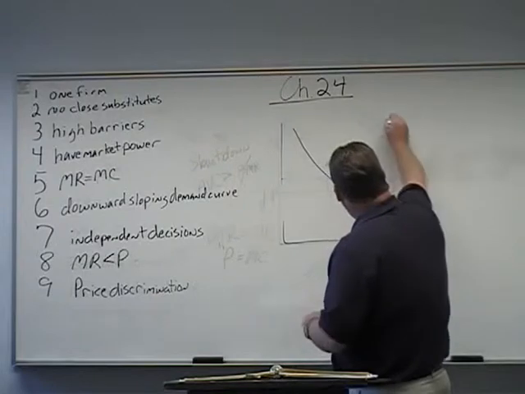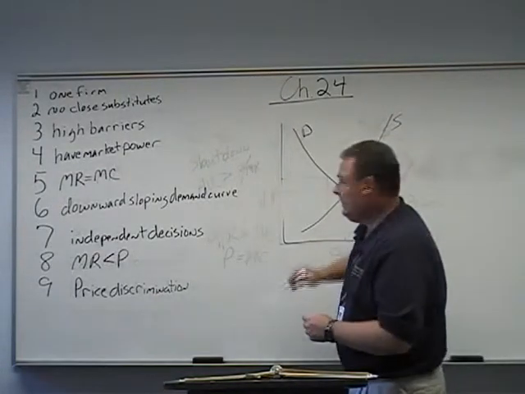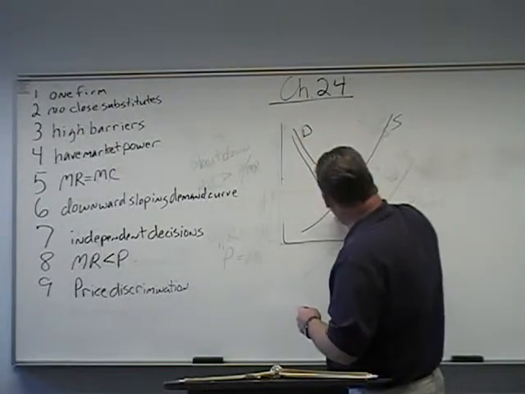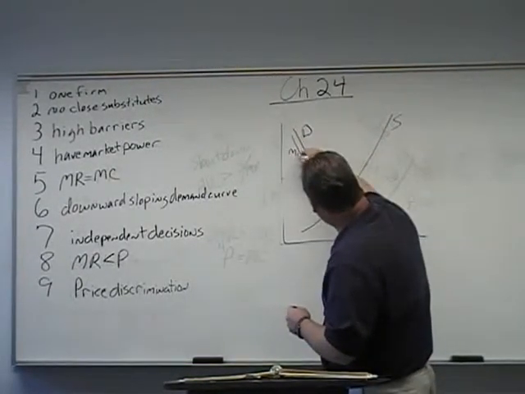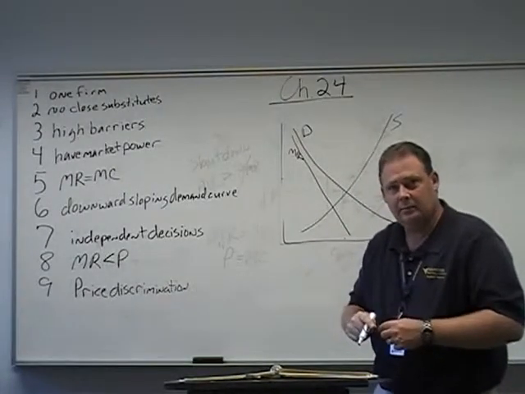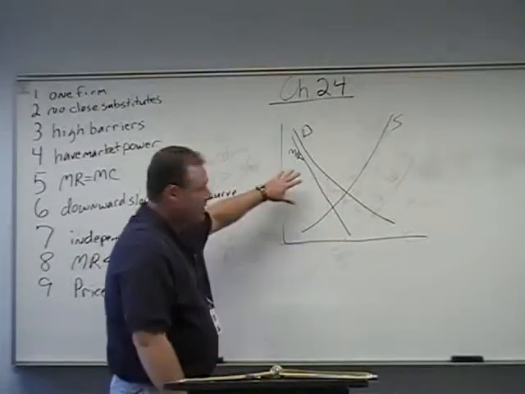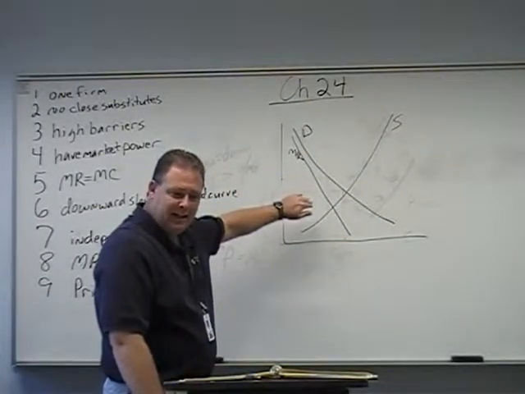In order to sell more, I constantly have to be reducing price. Because of that, my MR curve comes down through here. It is always less than P. So as long as that curve is a downward sloping curve, MR will always be inside of that.